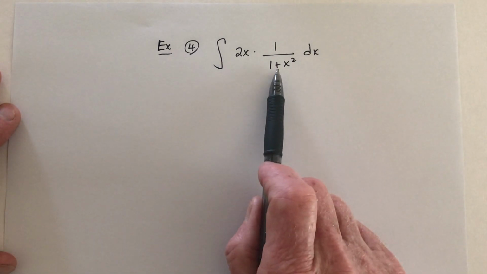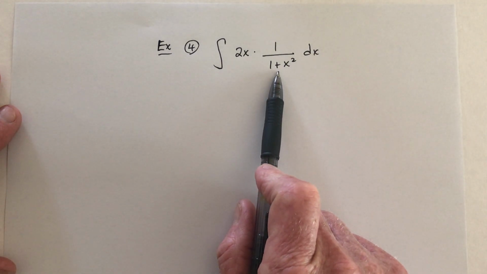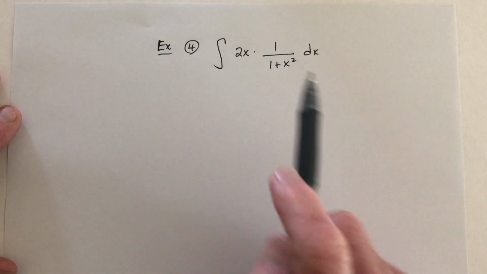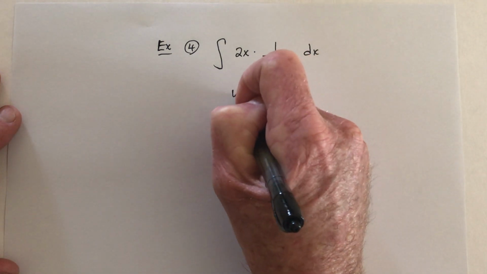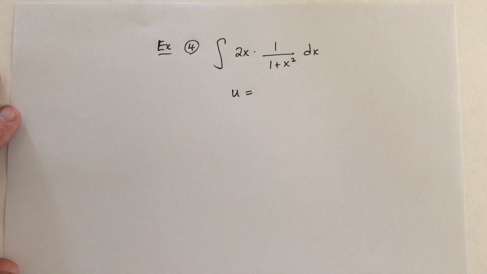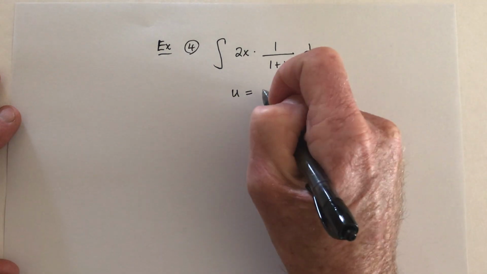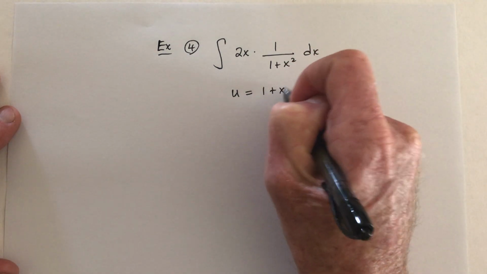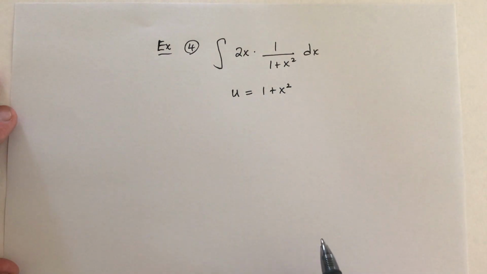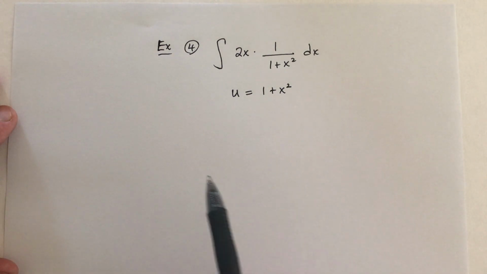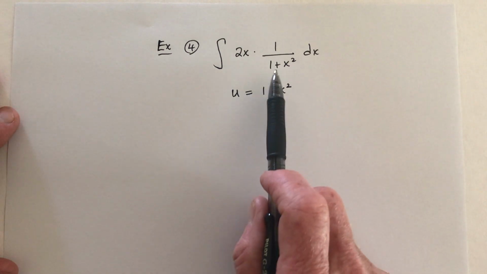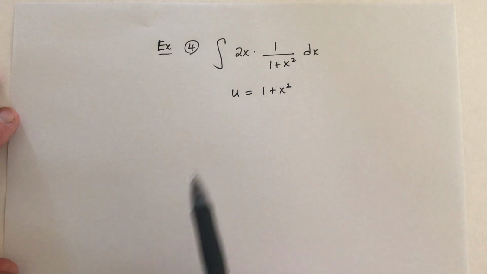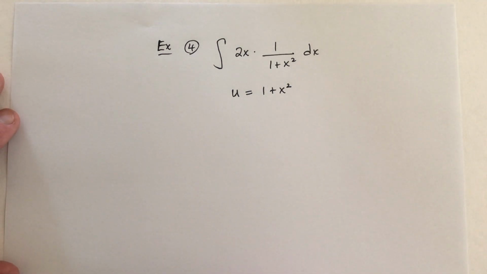So when you've got a fraction, it's good to try letting u equal the bottom part. Now with u substitution, sometimes you try it, and the first time it doesn't work. But if you go with the first idea that u equals what's inside, either what's inside the parentheses, what's inside the square root, or what's in the denominator, that works most of the time.